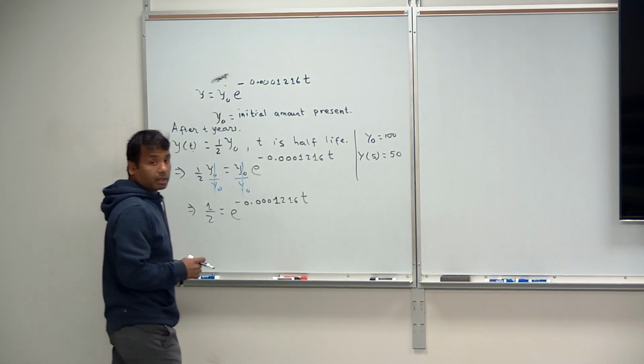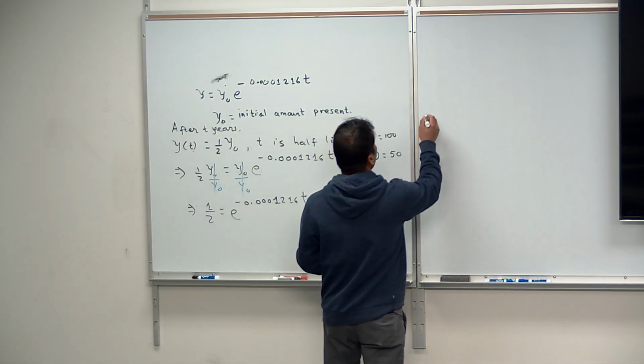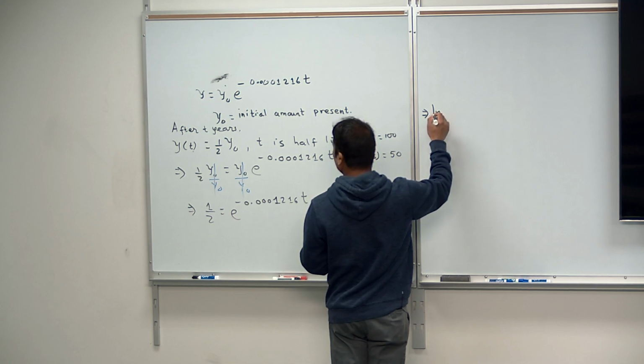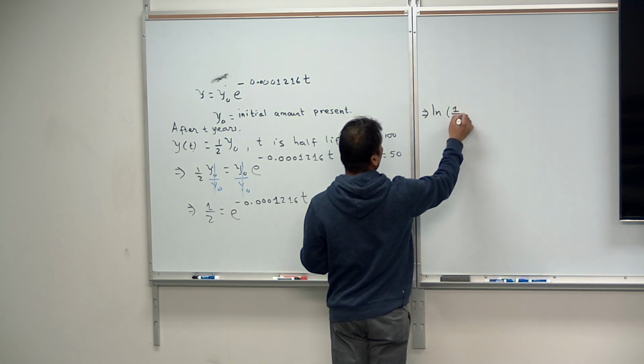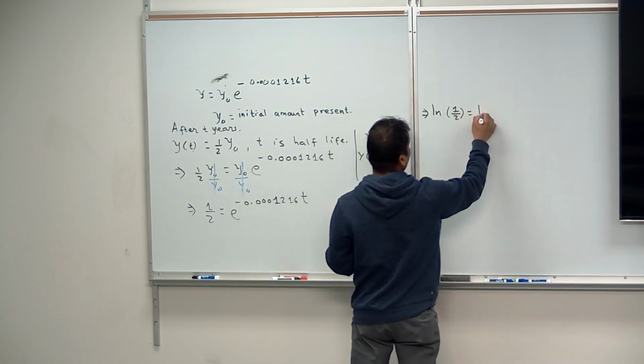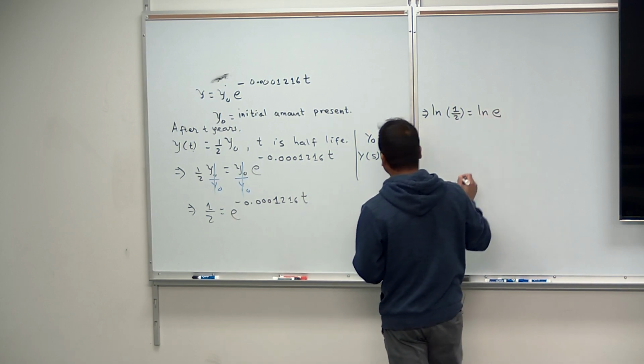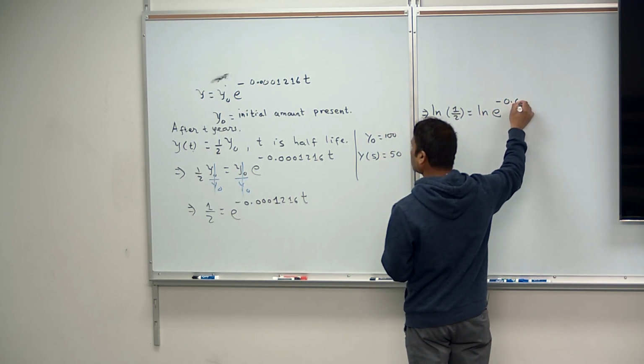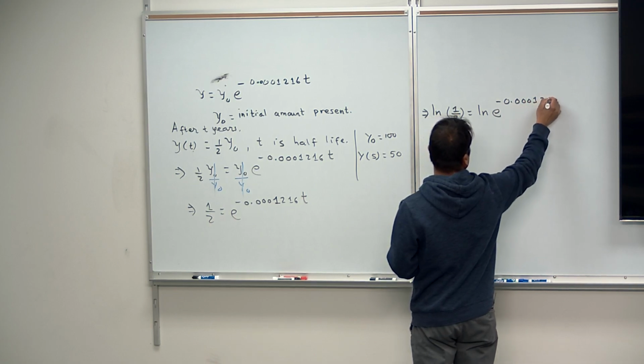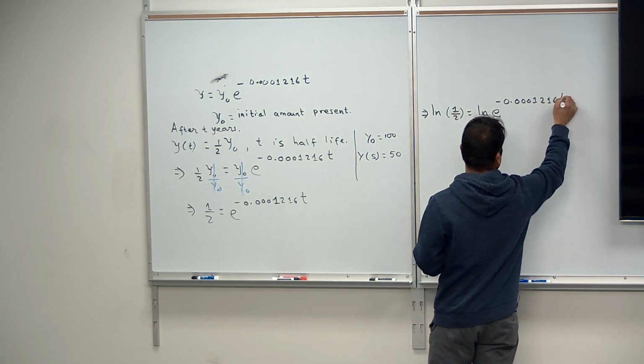This is an exponential equation, so you take ln on both sides: ln 1/2 equals ln e to the power negative 0.0001216t.